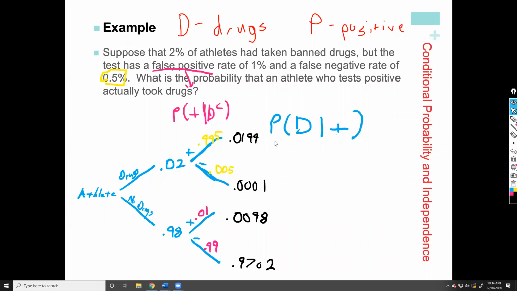All right, now that we have these probabilities, check this out. I think this answer is going to surprise some of you. Here we go. Probability that they took drugs given that they tested positive. So we're looking out of the people who tested positive, how many of them actually took the drugs?